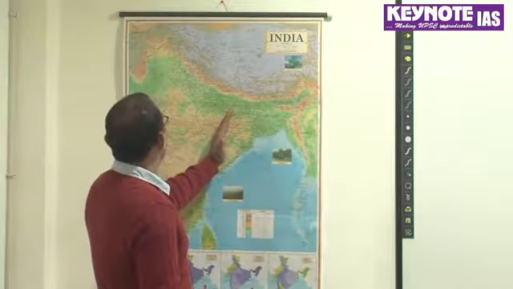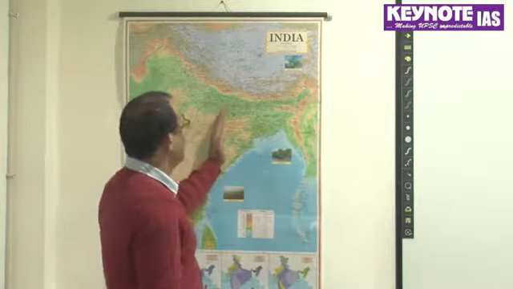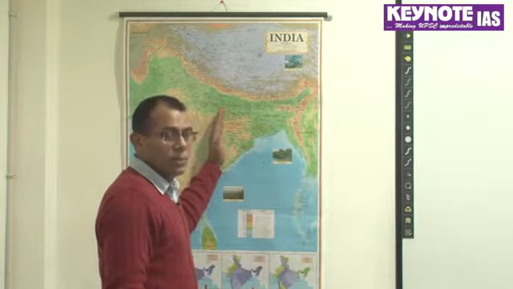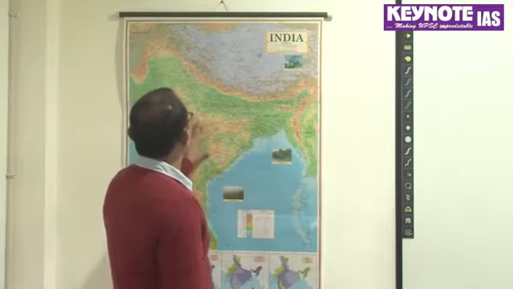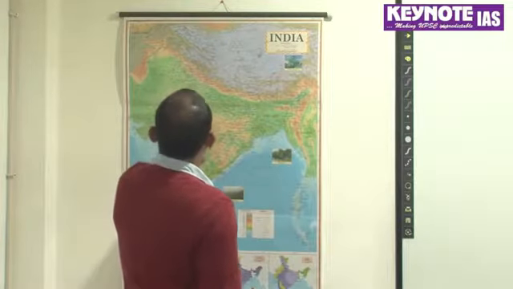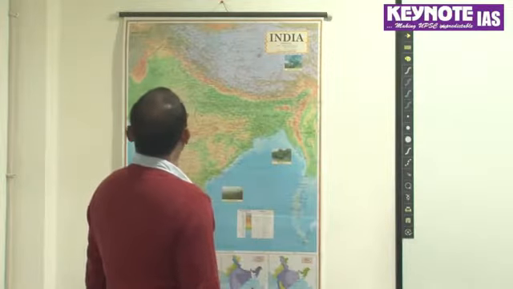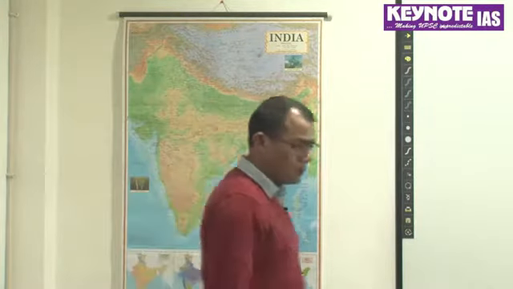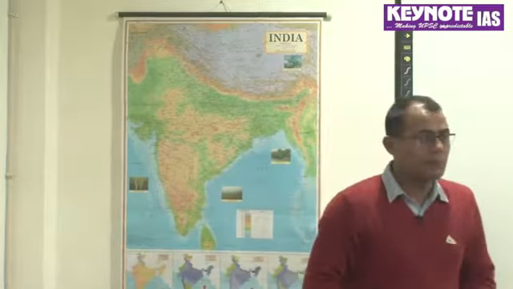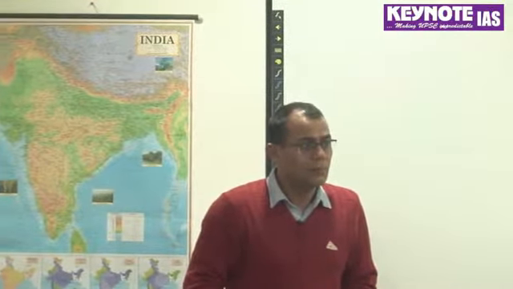The moment you come this side, it is relatively occupied by the tribals. Western Madhya Pradesh, the Bhopal and all, is lying in this region. Tribal area is the eastern part of Madhya Pradesh, and then Chhattisgarh part.